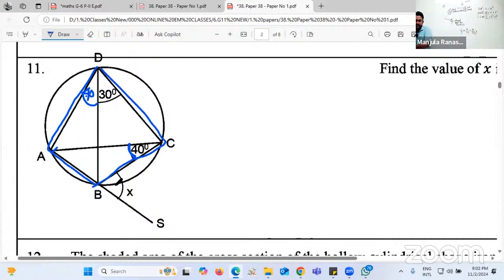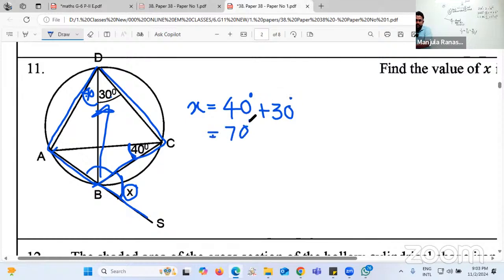Then when you extend a side, the exterior angle formed, x, is equal to the interior opposite sum. The interior opposite sum is 40 plus 30. Then you can write x equals 40 plus 30 degrees. That gives you 70 degrees.